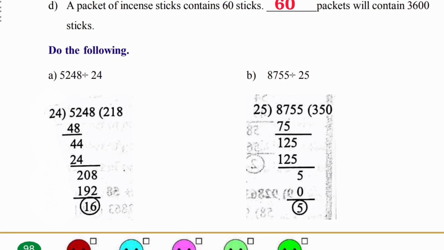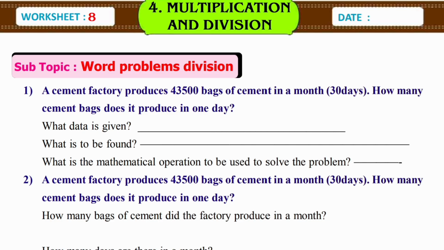Okay, now we'll move to the next worksheet, that is worksheet number 8. Here the subtopic is word problems division. Okay, let's see this. So first one is: a cement factory produces 43,500 bags of cement in a month, means 30 days. How many cement bags does it produce in one day? Write down the answer.